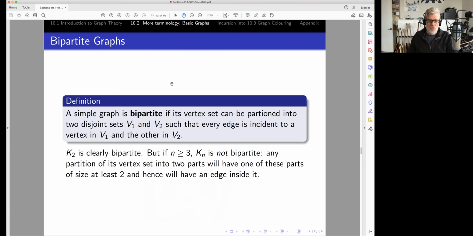I just repeated the same definition here. K2, the complete graph on two vertices, is obviously bipartite. There's just one edge. But if you look at the complete graph on three vertices or more, it is obviously not bipartite, because if you cut it up into two pieces, one of the pieces will contain at least two vertices.